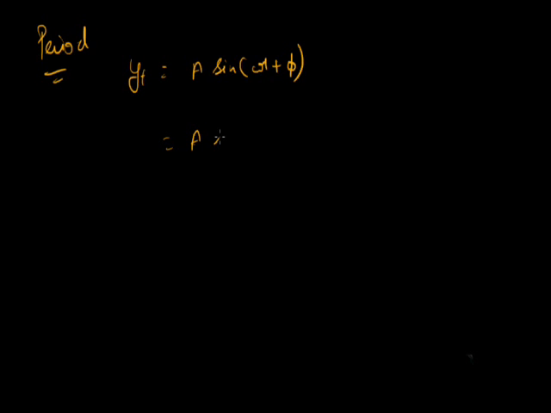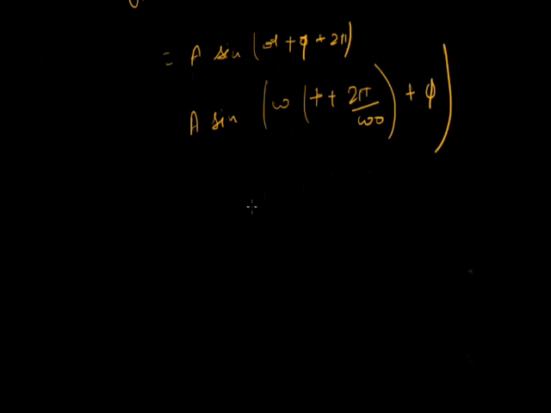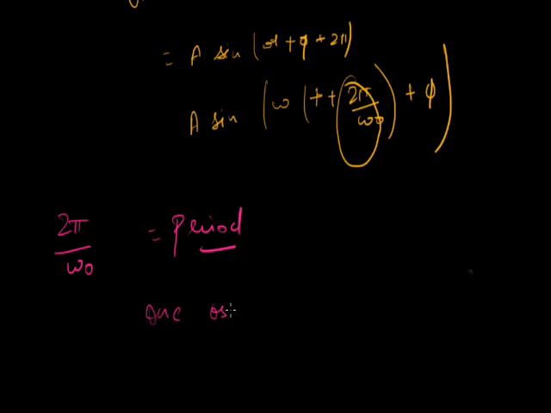We know the period of the sine function is 2π, so we can write ωt + φ + 2π. Taking ω₀ common, this becomes ω₀(t + 2π/ω₀) + φ, which has the form a sin(ωt + φ). So the time period here is 2π/ω₀. 2π/ω₀ is the period of the oscillation, the time taken to complete one oscillation.